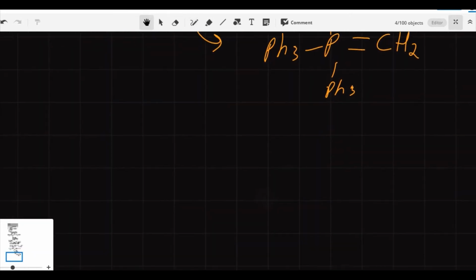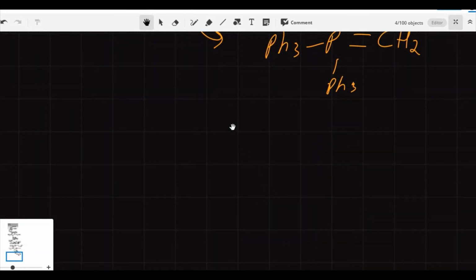Now the question is how the Wittig reagent is formed. The starting material in the Wittig synthesis is prepared by the reaction of an alkyl halide.